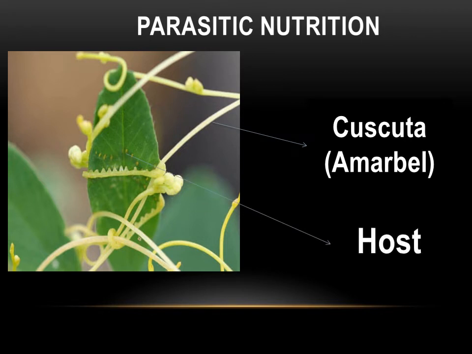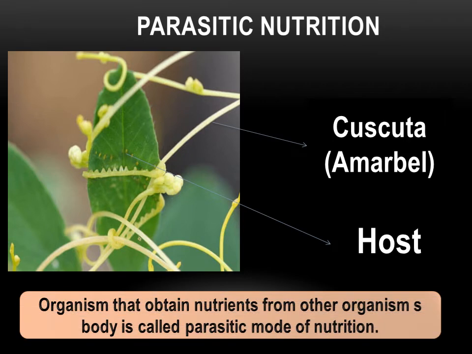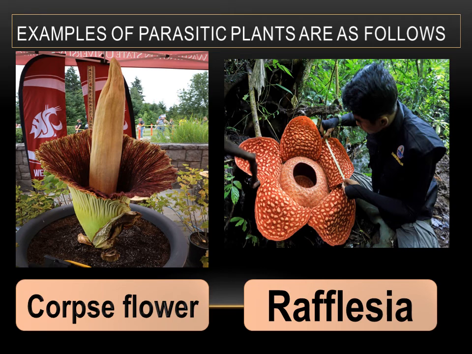So we can conclude by saying that organisms that obtain nutrients from another organism's body are said to have parasitic mode of nutrition. Here are some examples of parasitic plants: corpse flower and Rafflesia.